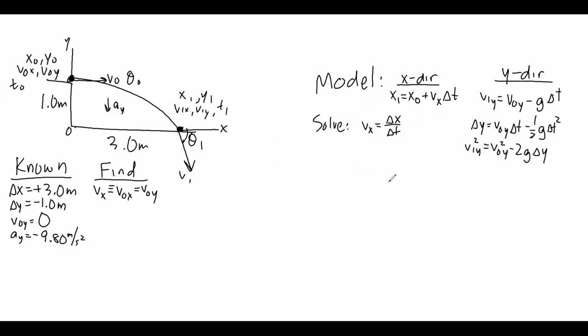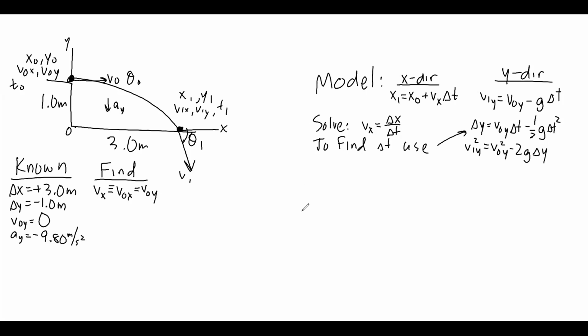So I would write something like, to find delta t, use the second equation. Use that one.